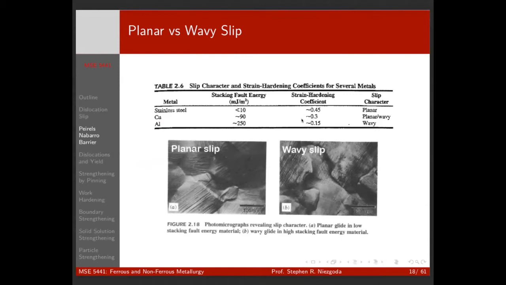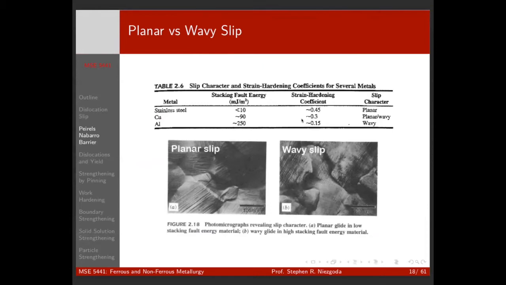So does it make sense that if the stacking fault energy is low and these partials are very far apart, it's not easy for them to come back together to reform a perfect dislocation so that they can cross slip around some obstacle, right? Whereas in aluminum, the partials are very close to each other. So that means when they come against an obstacle, they can easily come together and cross slip around.